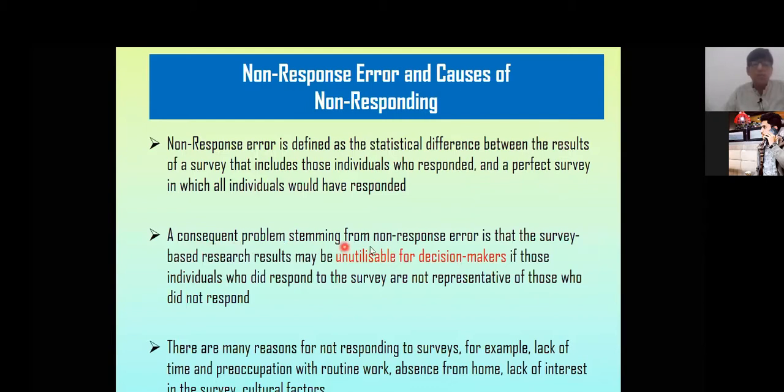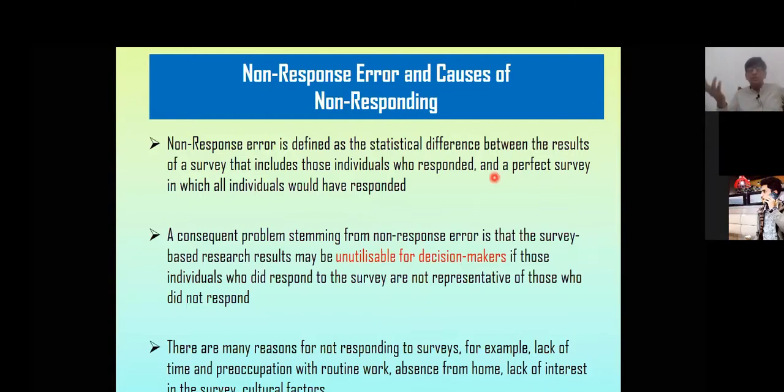And then the consequent problem stemming from non-response error. The problem that non-response error generates is that the survey-based research result may be unsuitable for decision making. Because if the majority of the people from your sample size are unable to respond for any reason, then this type of survey is not suitable for the decision maker.